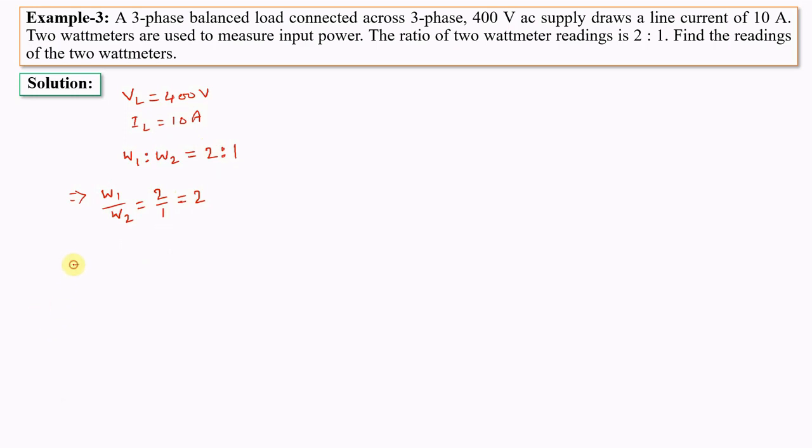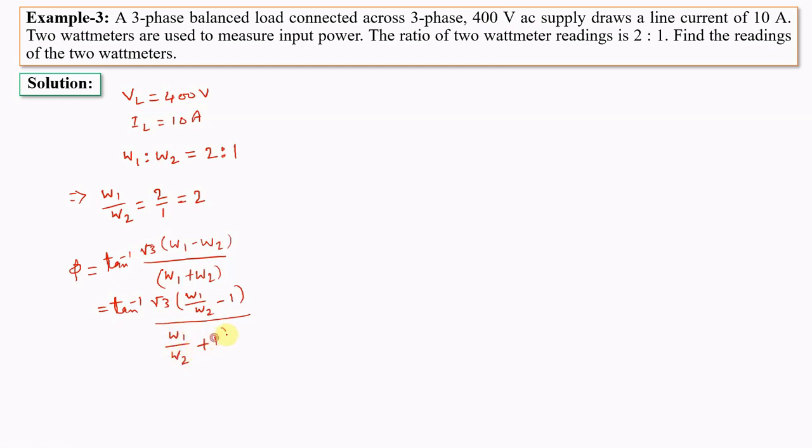We know the phase angle phi can be written as tan inverse root 3 (W1 minus W2) upon (W1 plus W2). Now divide both the sides by W2. So it can be written as tan inverse root 3 (W1 by W2 minus 1) upon (W1 by W2 plus 1).